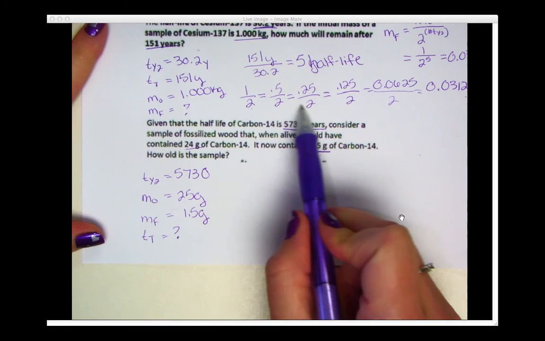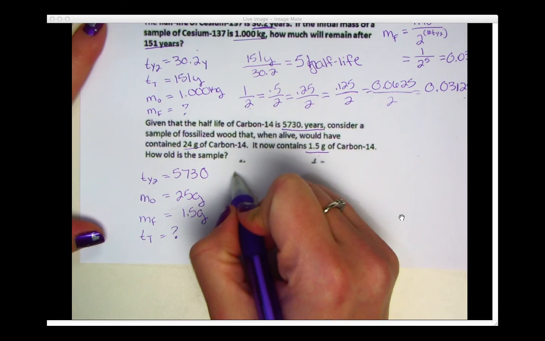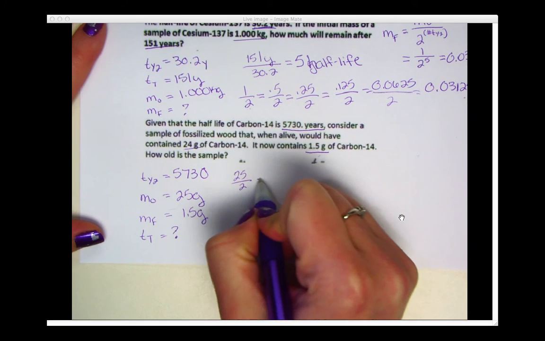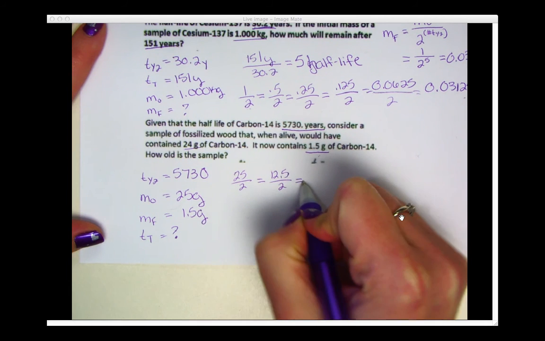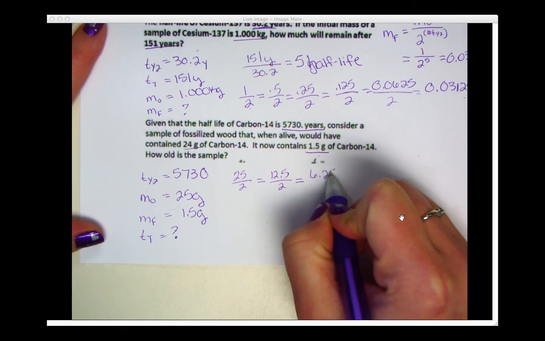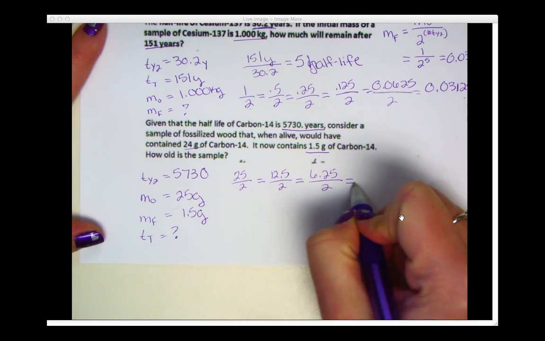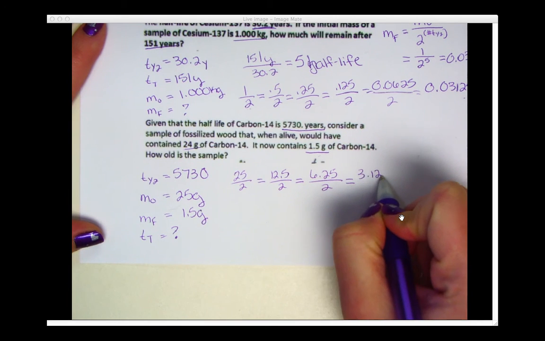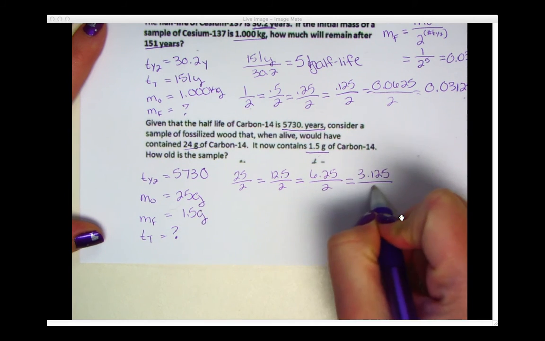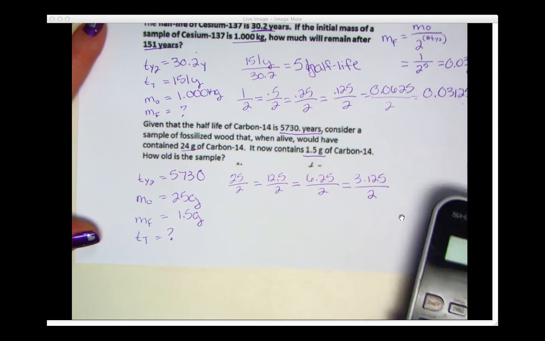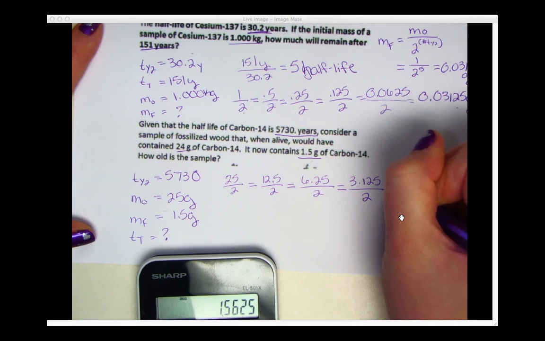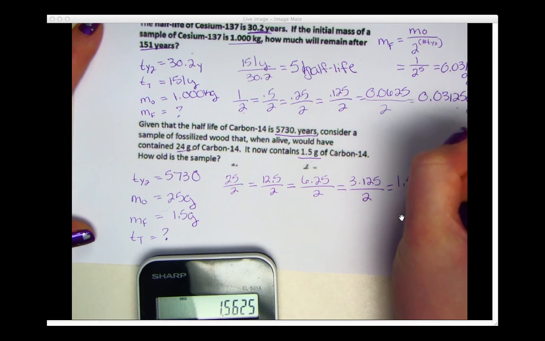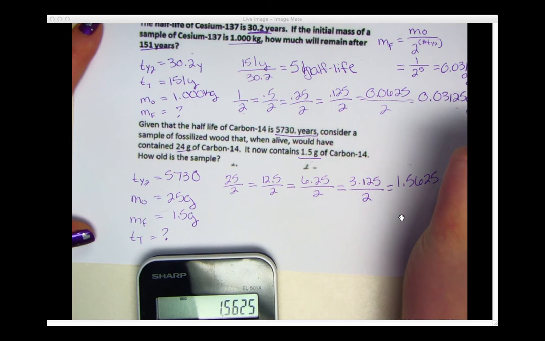So I'm going to do the same thing as I did up here. I'm going to go 25 divided by 2. That gives us 12.5, divided by 2, which gives us 6.25, divided by 2, which gives us 3.125, divided by 2, and then we get 1.5625 grams.